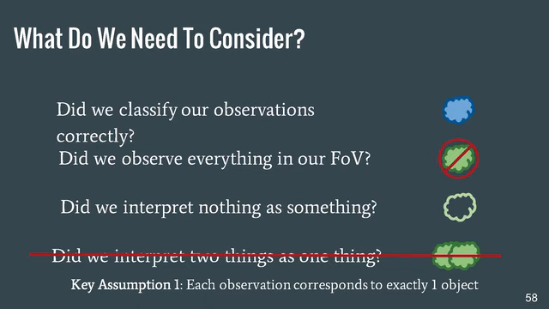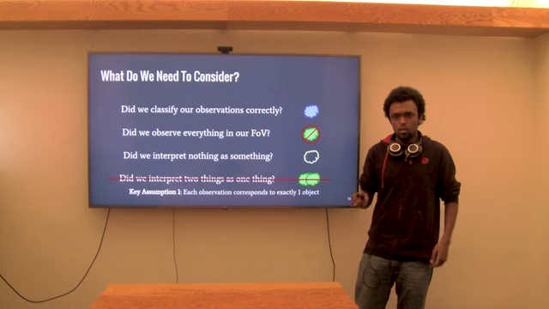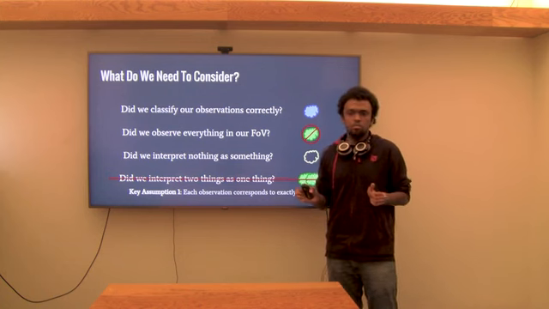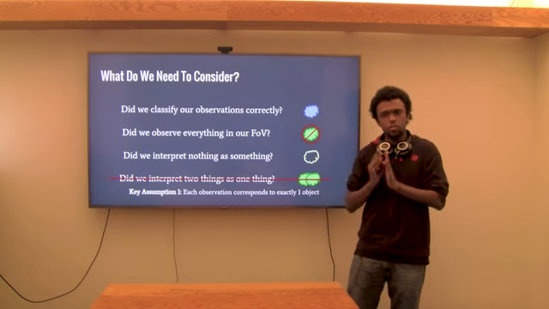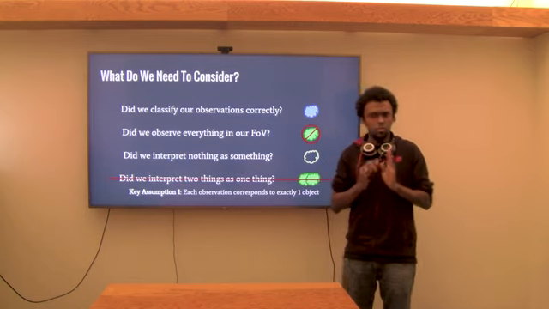It might make it kind of difficult for you to successfully see that there are two trees there instead of one. So, to start with, we're going to strike this assumption. It'll become more evident later why this is important, but for now we're just going to assume that every observation corresponds to only one object being seen. Otherwise, you could end up infinitely expanding your scene. Think about it. You see a tree. There might be a probability that that tree is two trees.